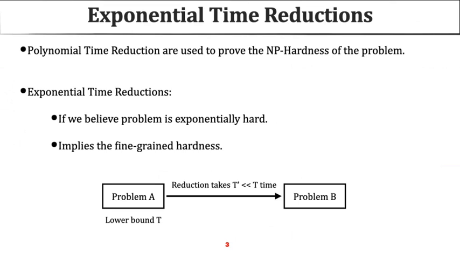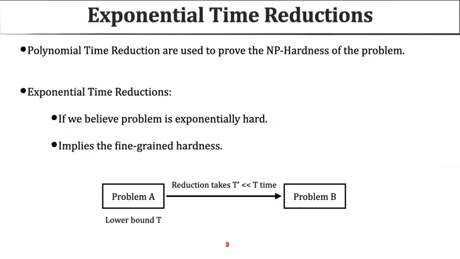But with respect to the hardness of a problem, even exponential time reductions are useful. It's useful when we believe that the problem is exponentially hard and we have a reduction where the increment in the problem size is not much.